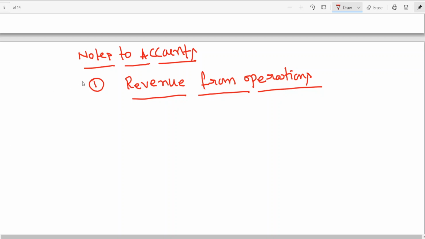This is note 1. In revenue from operations, what are the items which we should show? I am writing here.